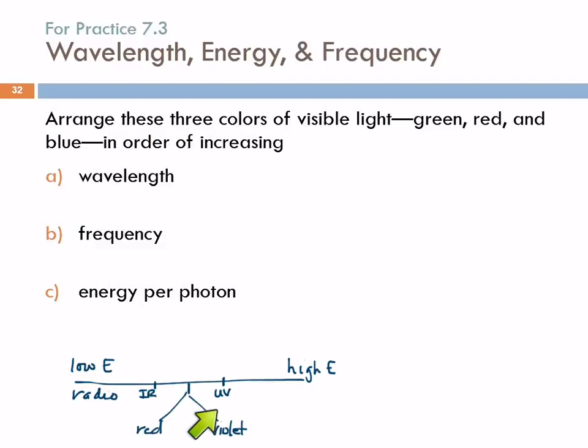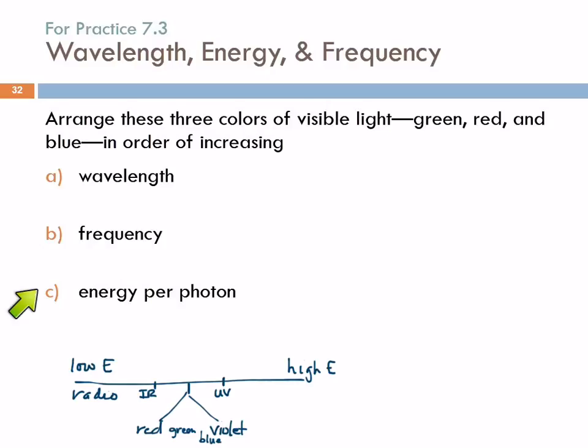So these names, ultraviolet and infrared, help me remember the direction of Roy G. Biv. Does it start at the left or the right? This is red and this is violet. So in here I remember Roy G. Biv, and so I've got red, then green, and then blue.